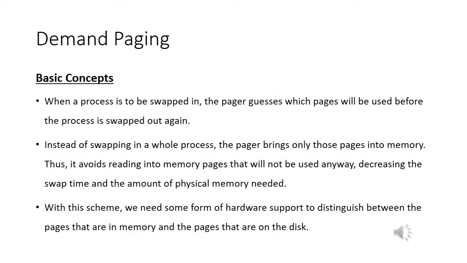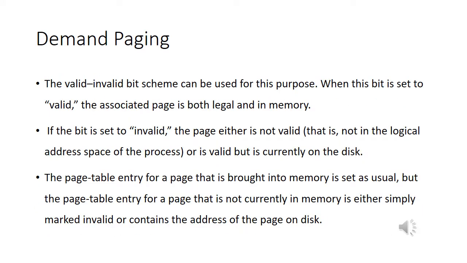With this scheme, we need some sort of hardware support to distinguish between the pages that are in main memory and the pages that are on the disk. To distinguish whether a page is in main memory or not, we can use a valid invalid bit.